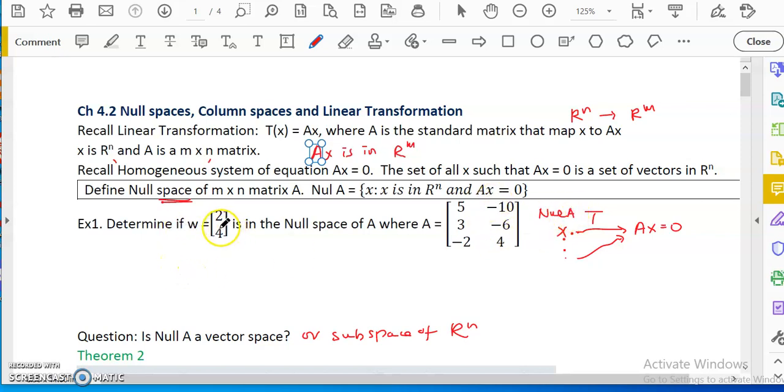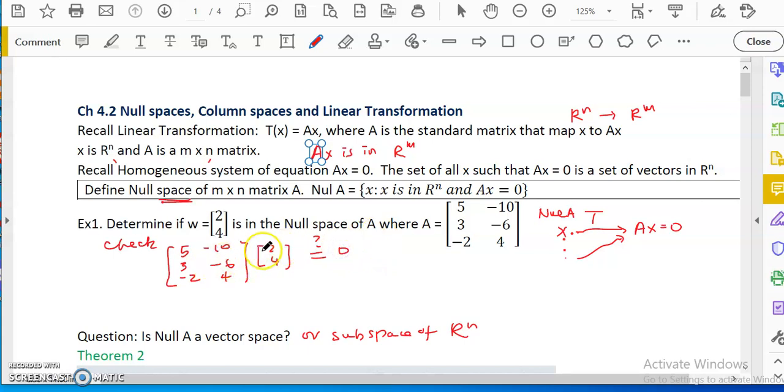To check if w is in the null space, we just have to check by doing the multiplication of the matrix with (2, 4) and see if it is equal to 0.